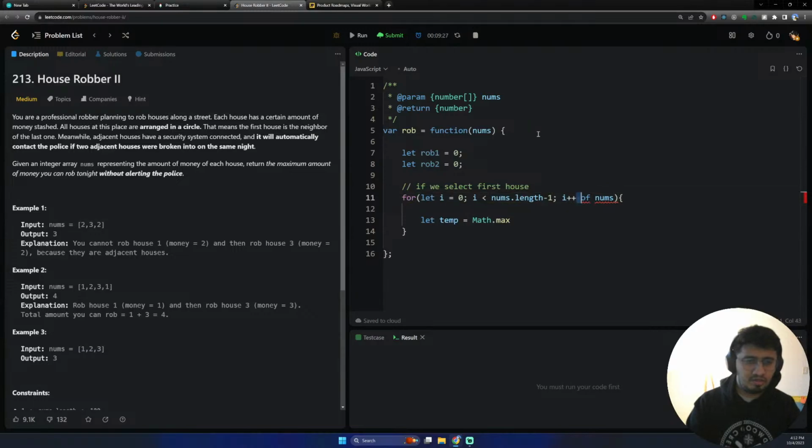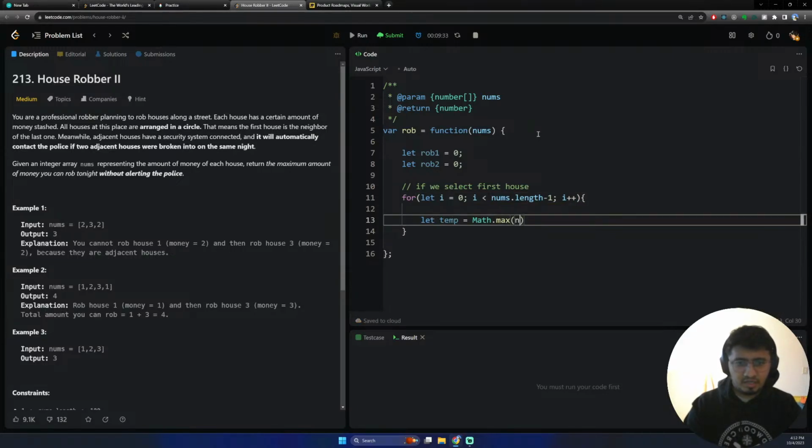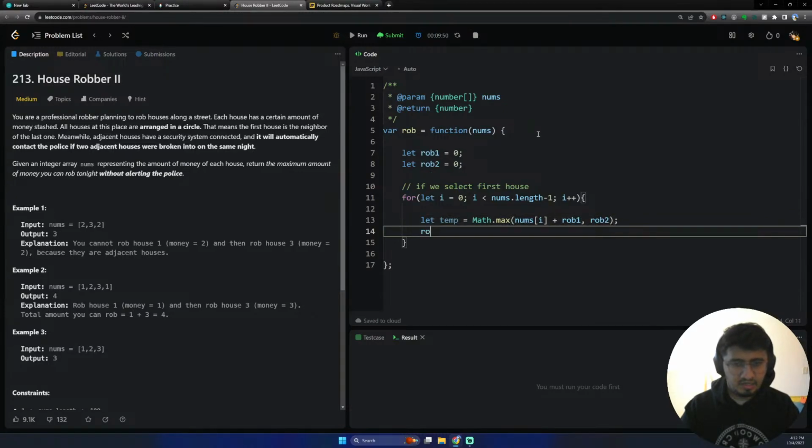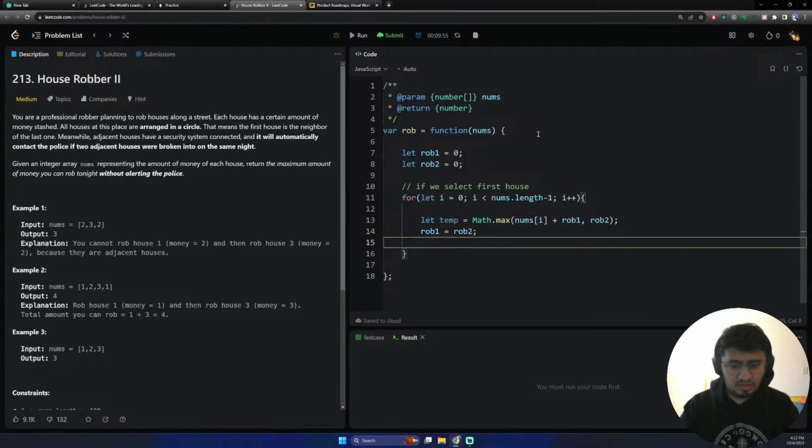Doing this, with the minus 1, we will be avoiding the last house if we are selecting the first one. So plus rob1 and rob2, whatever is maximum we are taking it here, then rob1 is equal to rob2 and rob2 is equal to temp.